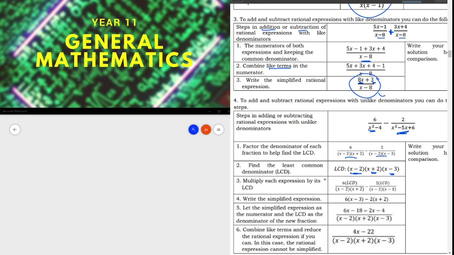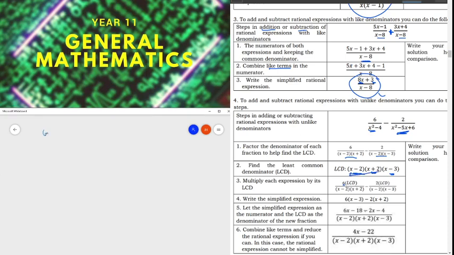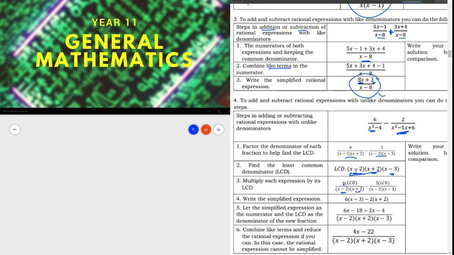And then you multiply both sides by this. Okay? Now see, 6 times the LCD. So you're going to multiply because it will not fit. So we have here 6 times x minus 2. This is 6. In the denominator we have x minus 2, x plus 2.